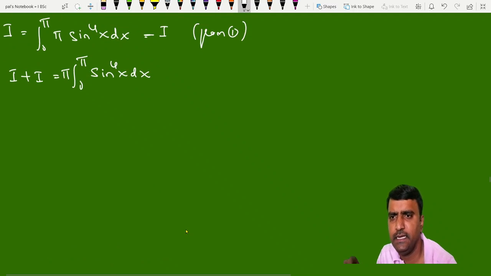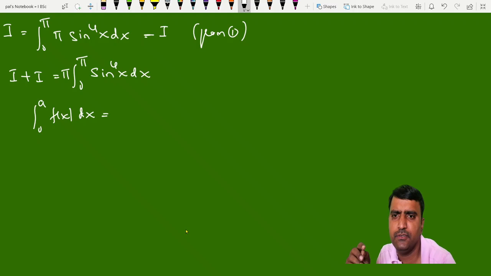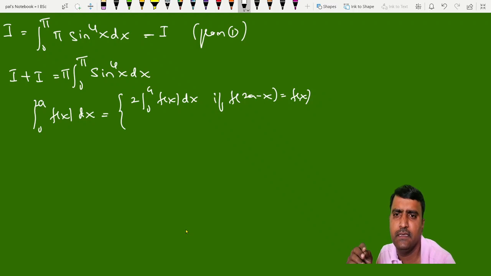Why is it an even function? Here I am using one property, which is like this: integration from 0 to 2a of f of x dx is equal to 2 into integration from 0 to a of f of x dx if f of 2a minus x is equal to f of x, and 0 if f of 2a minus x is equal to minus f of x.